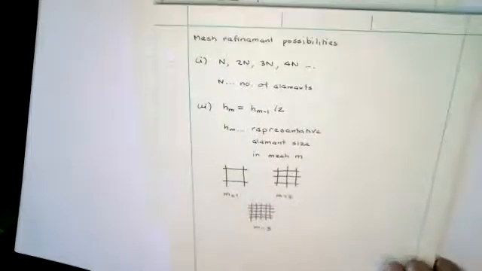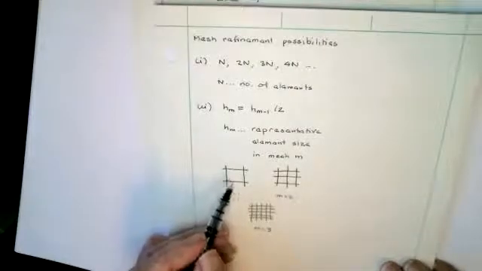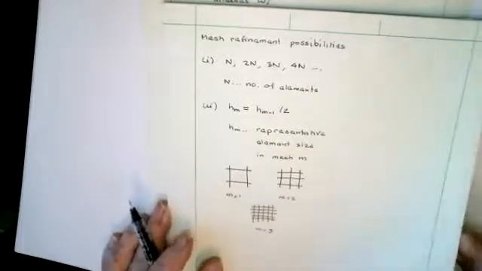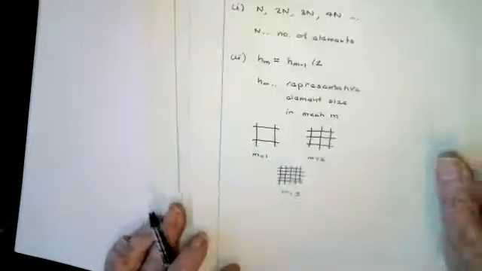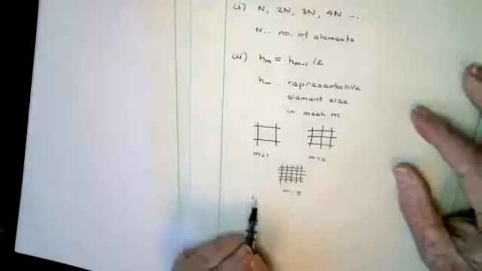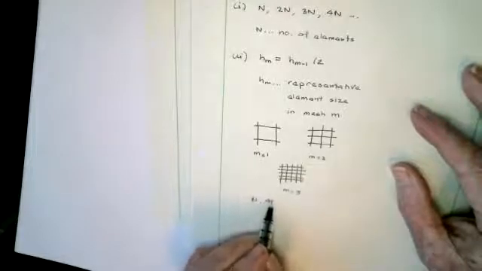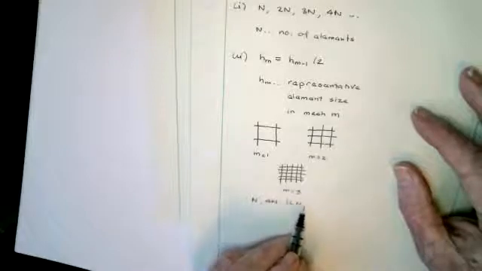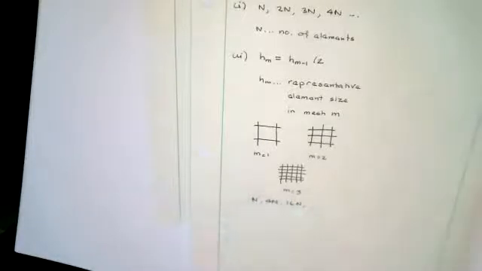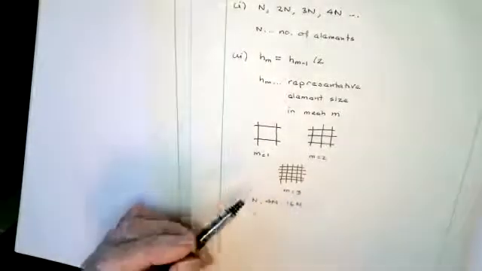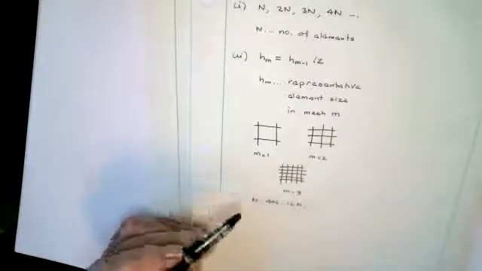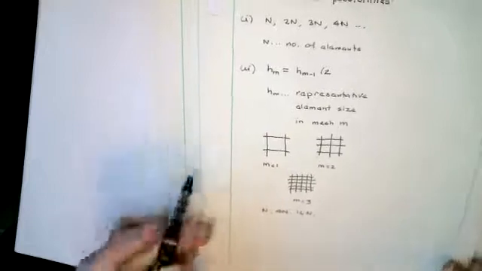Well, you can see what's happening here. The element numbers are going up by a significant factor. This is 1, it went to 4, it went to 16. So if you started with 100,000 elements, that's 100,000, that's 400,000, this is 1.6 million. So you have a lot more elements you're using.